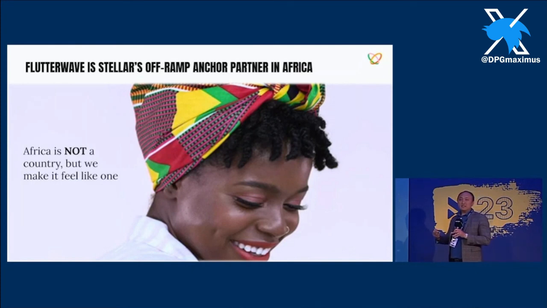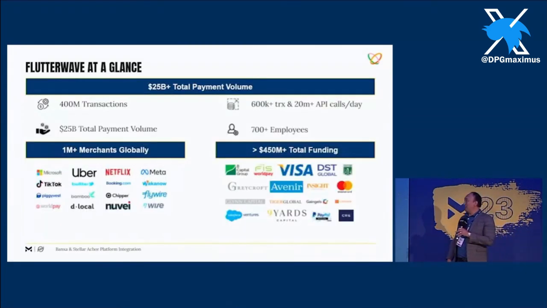And what we like to say is that Africa is not one country, but we want to make it feel like one. So at the end of the day, there are a lot of different nuances across the continent. It's very difficult to navigate through all of that. But what we want to do is make it as simple as possible with one simple API. Work closely with Stellar and the Stellar team to be able to do so. So we're really excited about what we can do together.